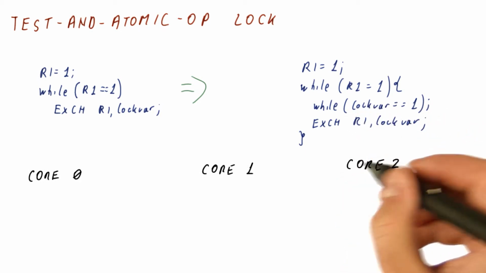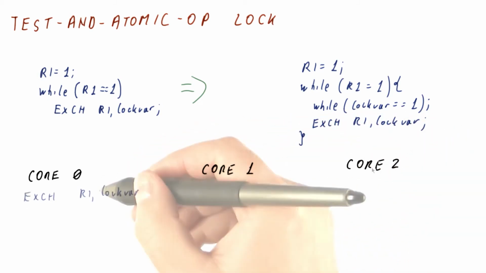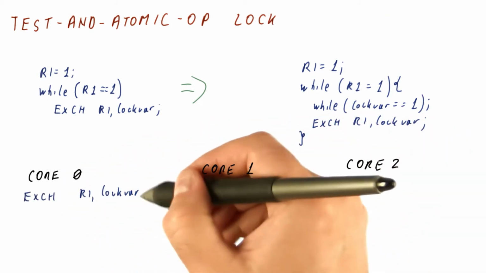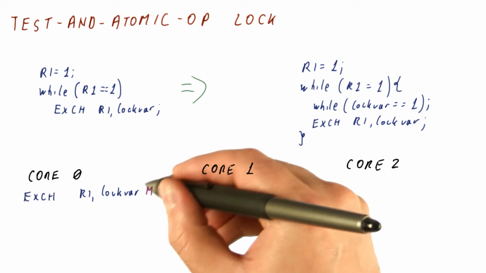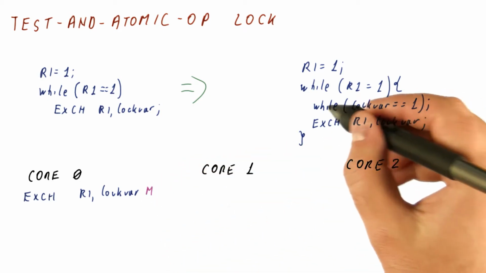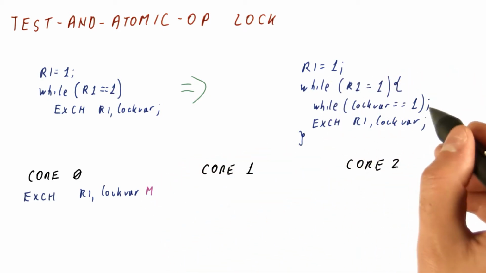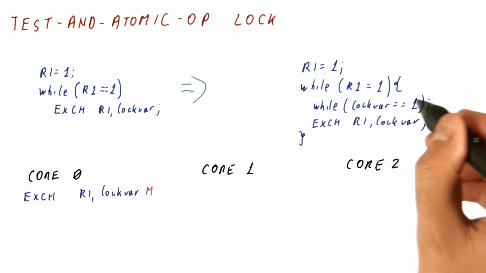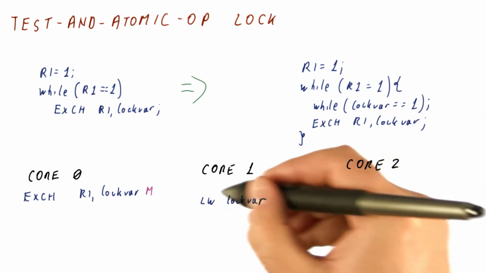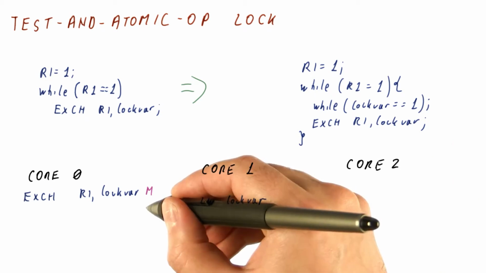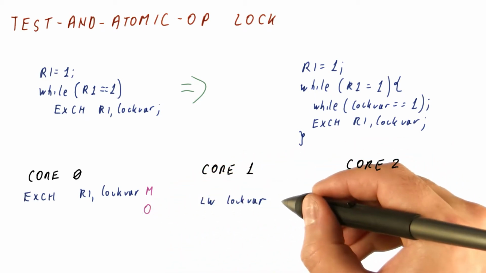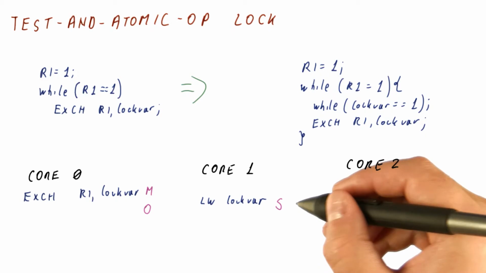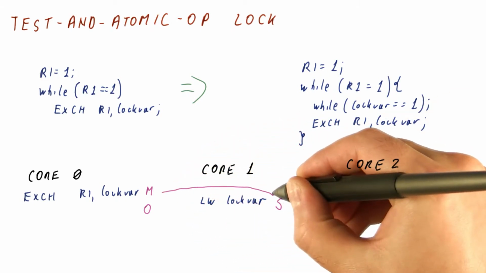So now if we have core 0, 1, and 2, and core 0 succeeds in doing an exchange and gets the lock var in the modified state, core 1 will now reach this point and read lock var, see that it's 1. It's done using a normal load. So here we move to the owned state, here we move to the shared state, and there is a cache-to-cache transfer here.